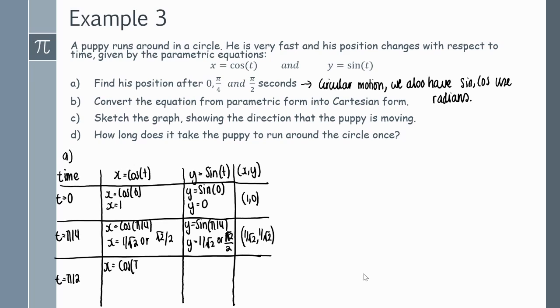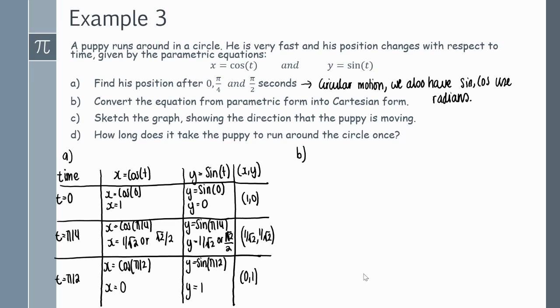Lastly, for pi on 2 seconds, I have cos pi on 2. That's 0. And sine pi on 2, that's going to be 1. So my final coordinate point for these 3 times is 0, 1.